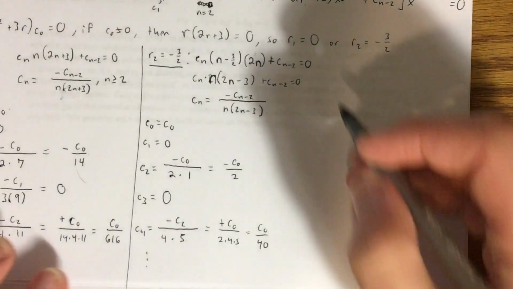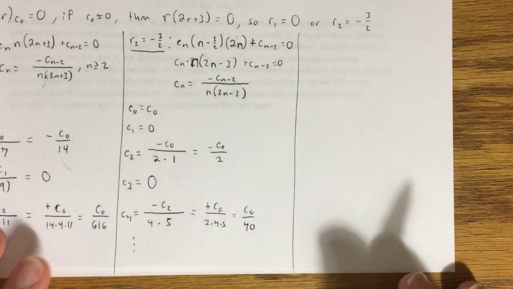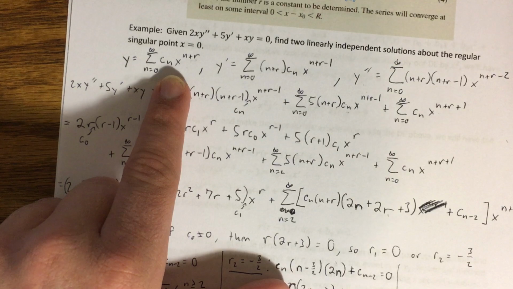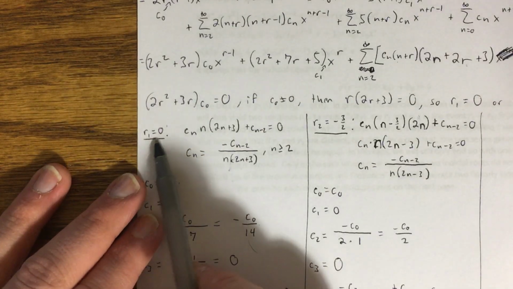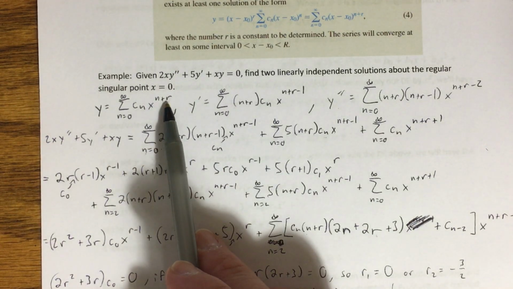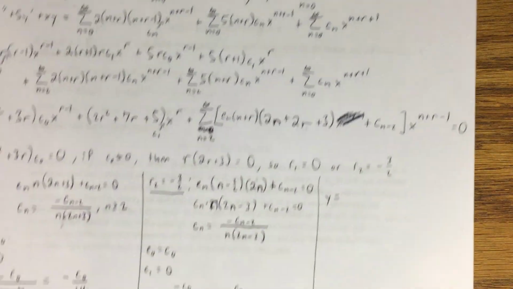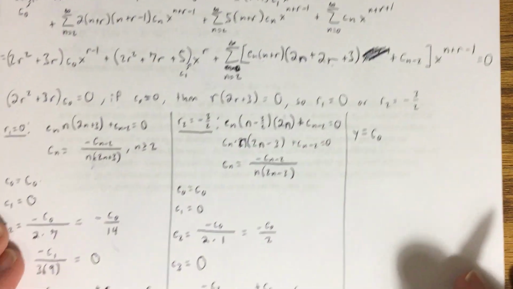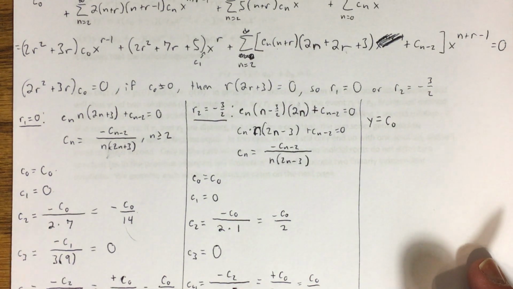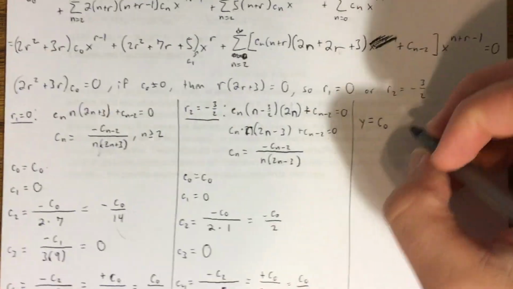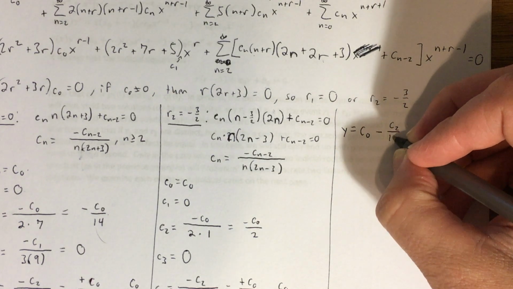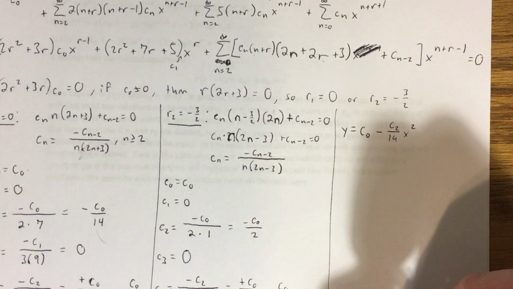Okay, so now we actually have our two solutions, and they come from this. For my first one, we're plugging a 0 in for the r here. Notice that reduces this down to just a normal power series. Y is equal to C0 plus C1x, but C1 is equal to 0, so we lose that term, plus C2x squared, which will look like this, minus C0 over 2 x squared.